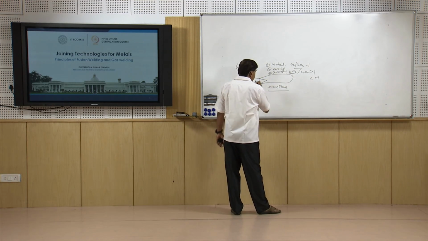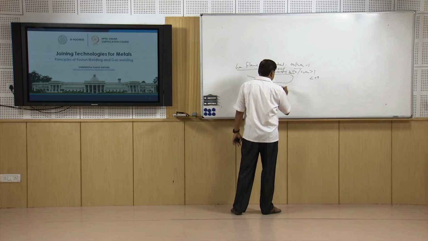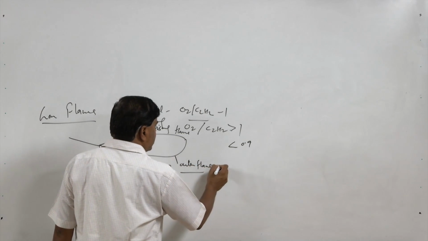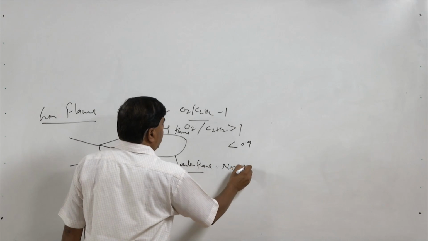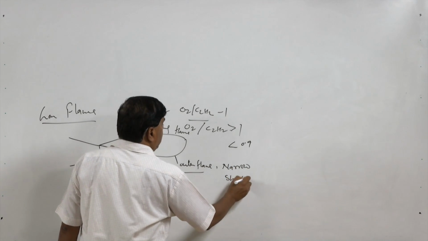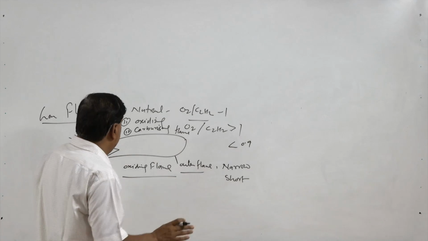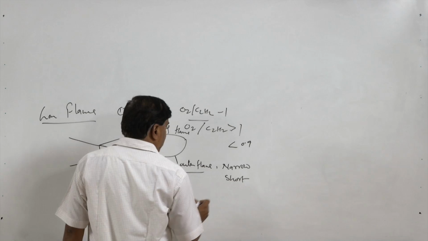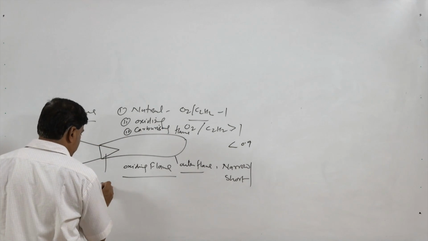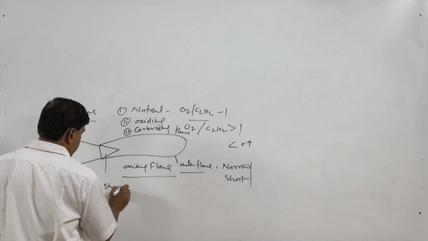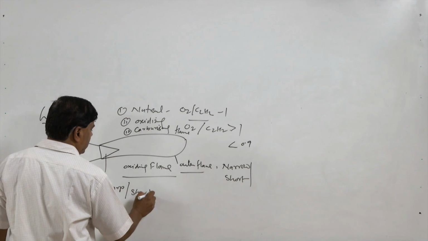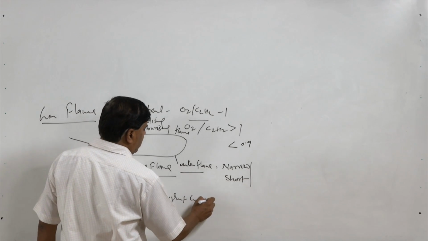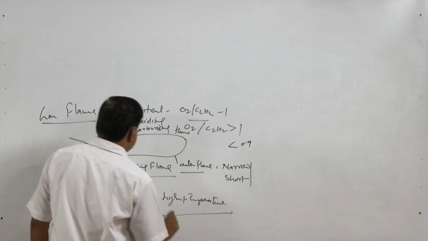In the oxidizing flame, the outer flame is narrow and short as compared to the neutral and carburizing flame, and it is very sharp and short. Sometimes the highest temperature is observed in case of the oxidizing flame.